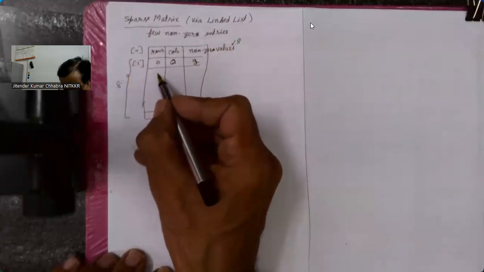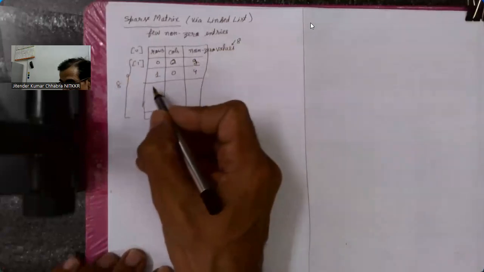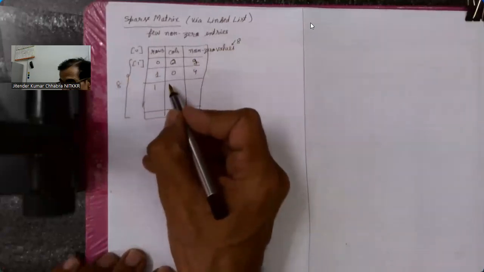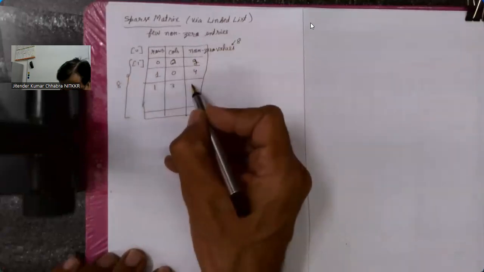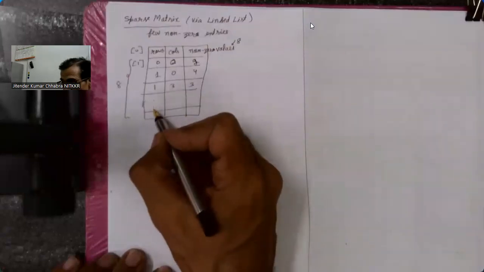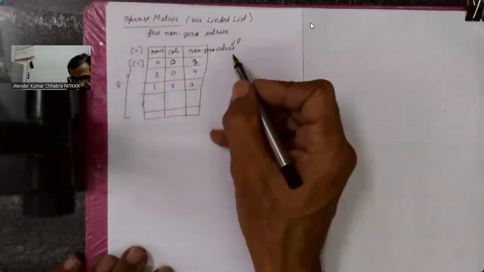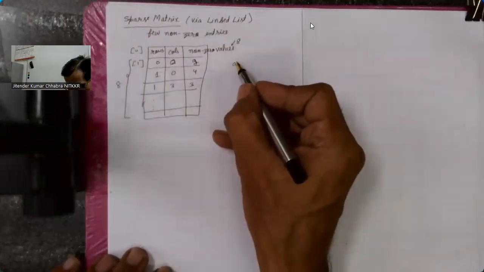Then similarly I have 1, 0 as a 4. Then we had 1 and 3 as correspondingly 3, and so on. So we have all these values in this particular format. This was array-based storage.